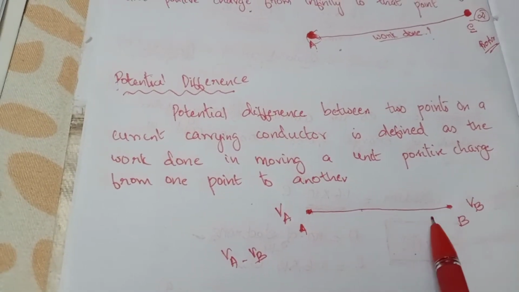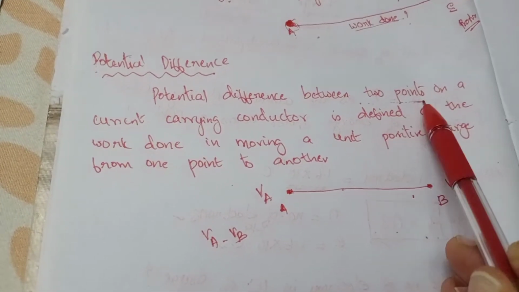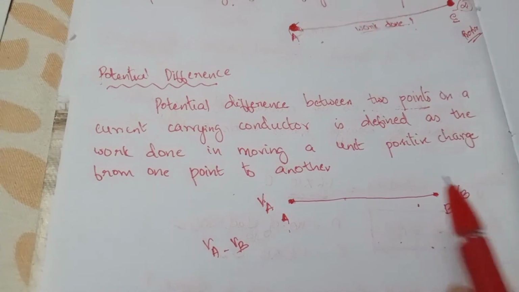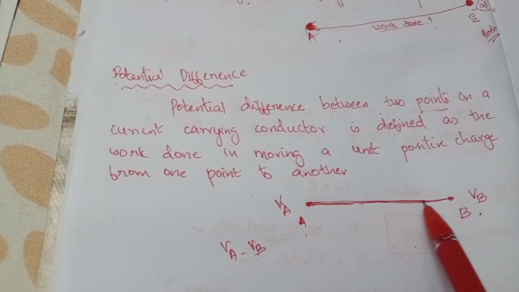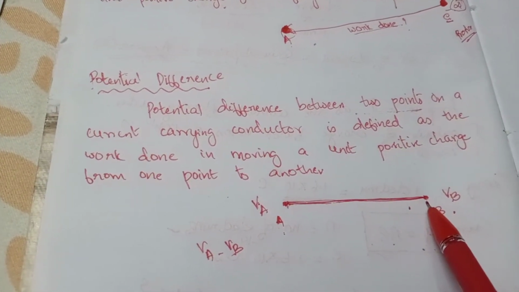So potential difference means it is a difference between 2 points. It's a difference between 2 points A and B on a current carrying conductor. Consider this as a conductor and this is a point A and this is a point B on the conductor.